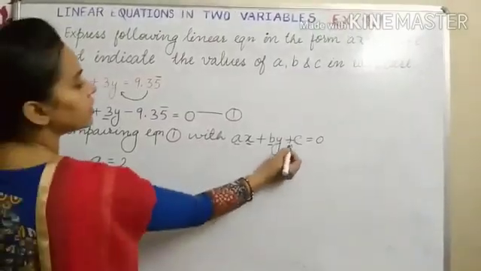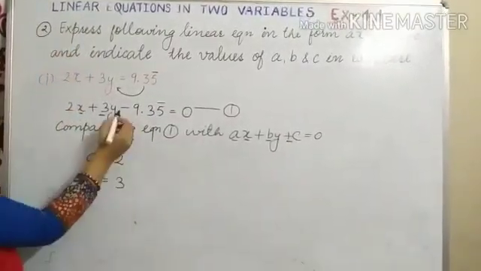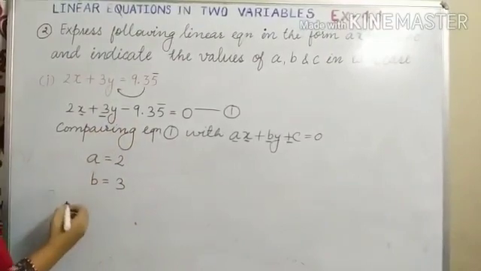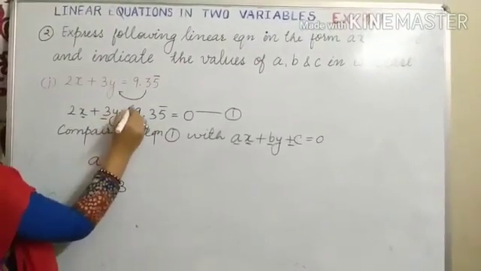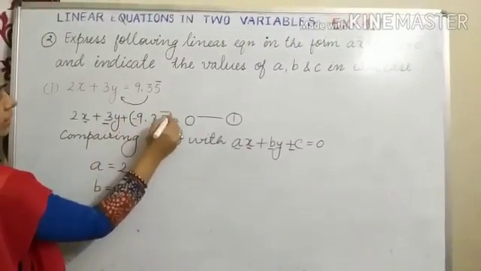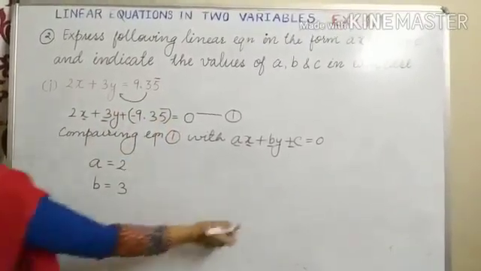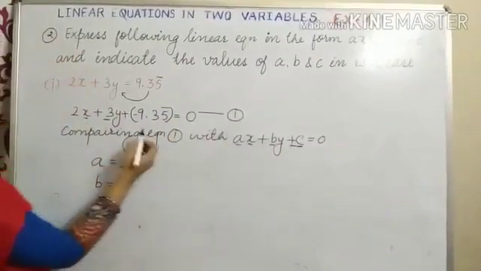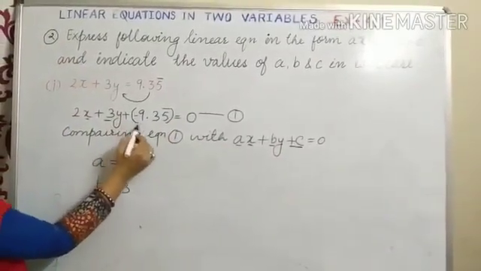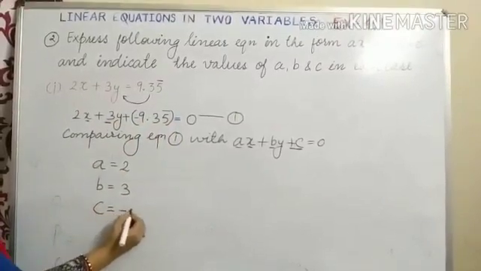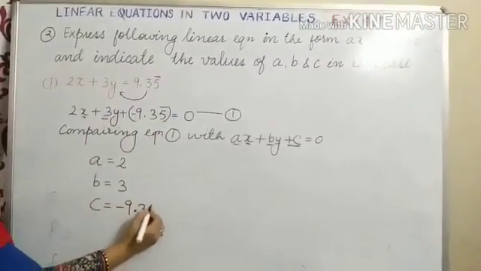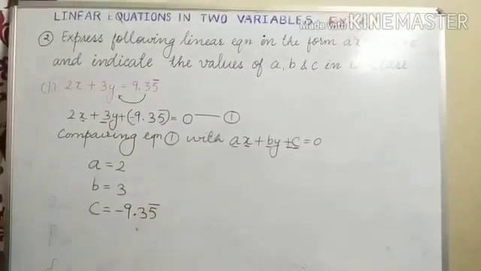Again here it is plus but here it is minus, that means it becomes plus and this minus comes like this. Now when we compare c here with this, this is the whole c. So c is equal to minus 9.35 bar.